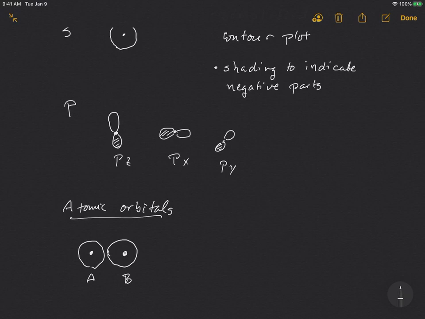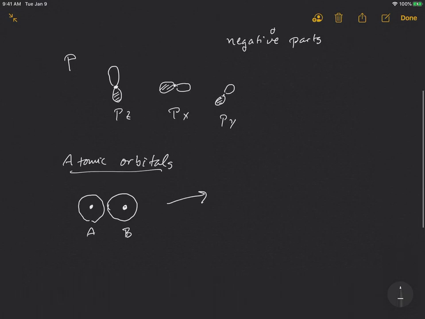However, as we noted when we were working through the H2 plus molecule ion, they combine to form bonding or anti-bonding orbitals. So if we take 1sA plus 1sB, that's going to give us this overall molecular orbital that looks a little bit like this.